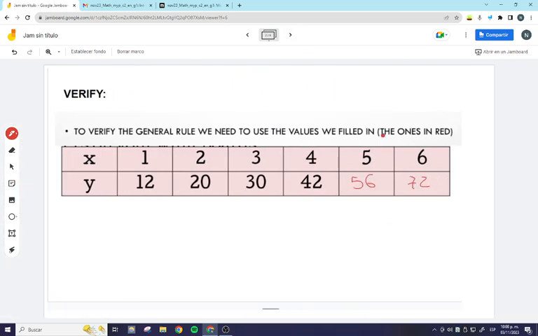We are going to check if what we wrote at the beginning is correct. Again, the general rule was y equals x squared plus 5x plus 6. So let's pick position 5 or 6. I am going to do it with position 5, so I am going to verify for x equal 5.